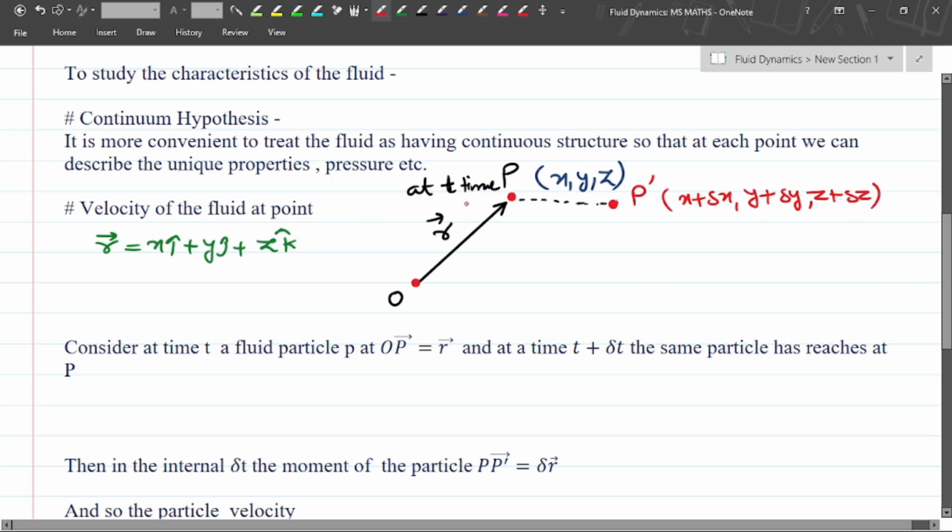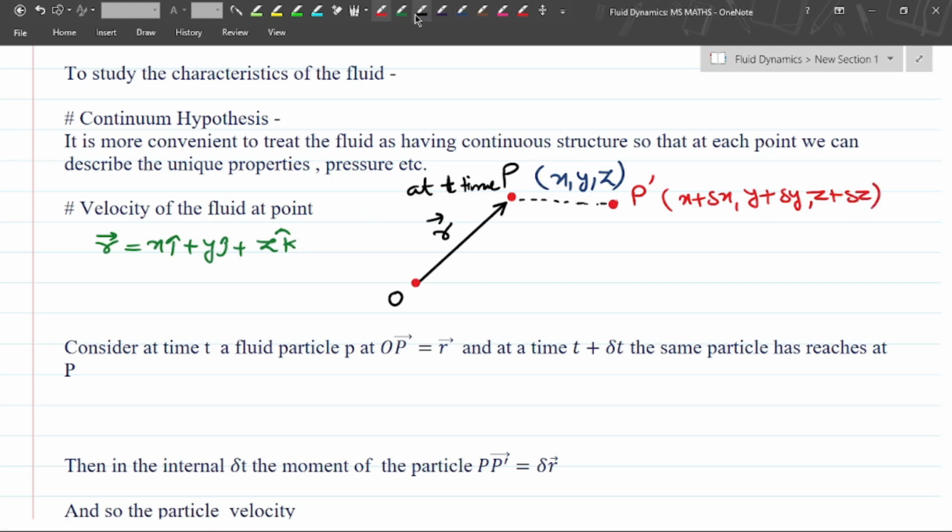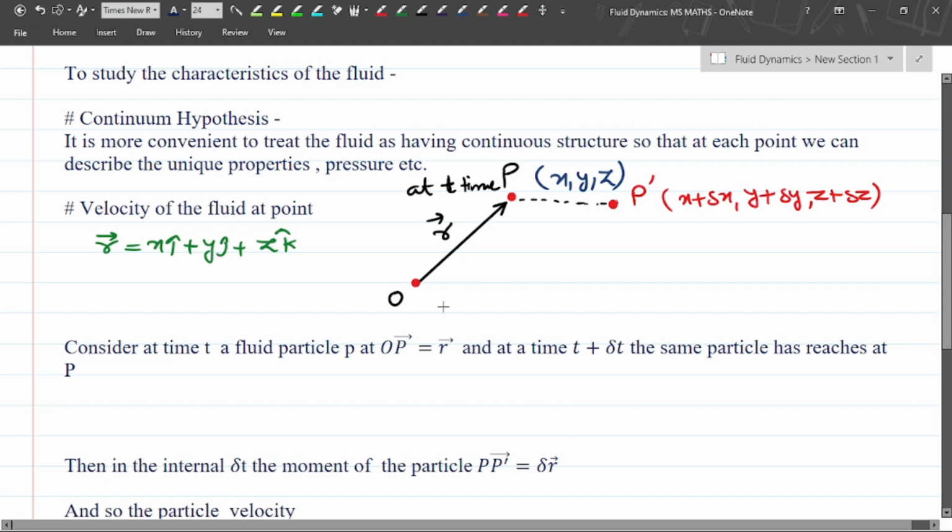Now in this case the position vector will be r plus delta r, at time t plus delta t.